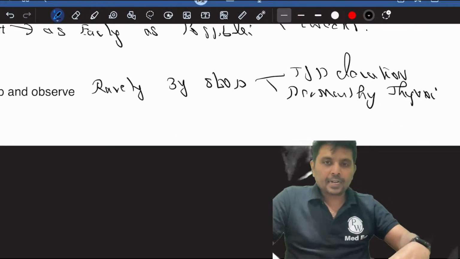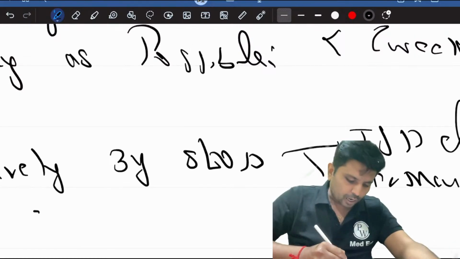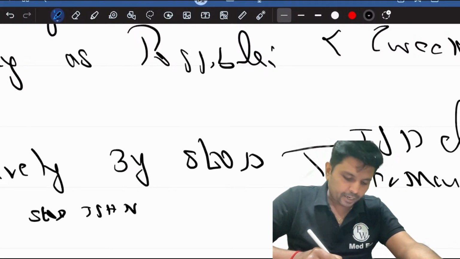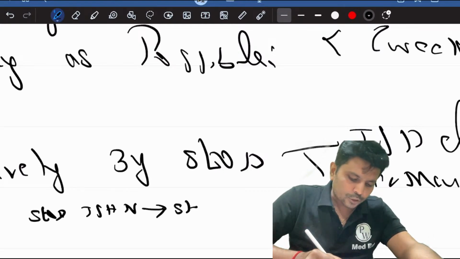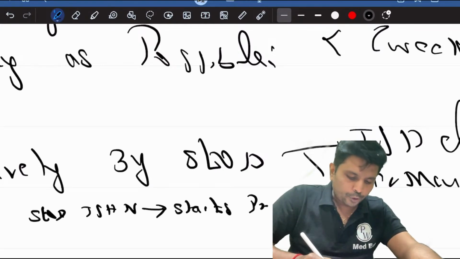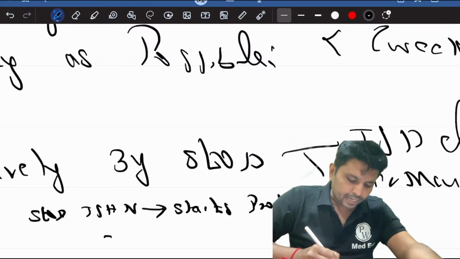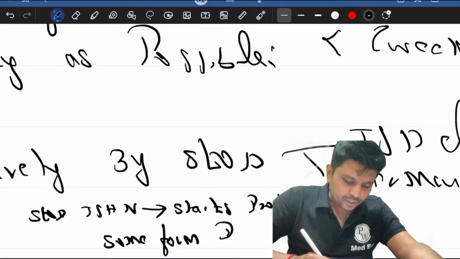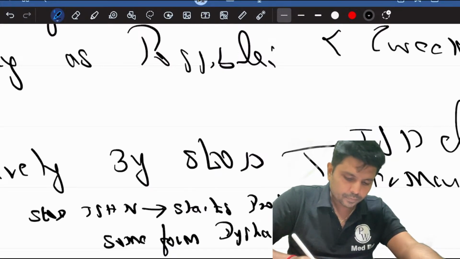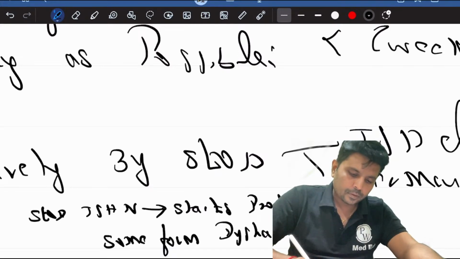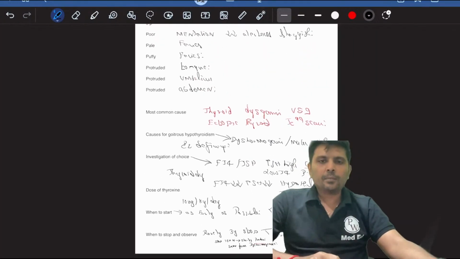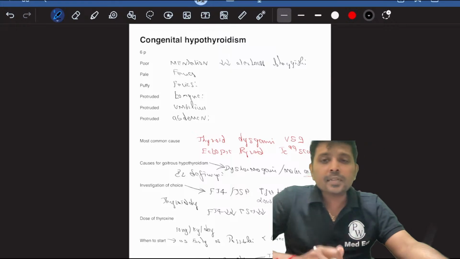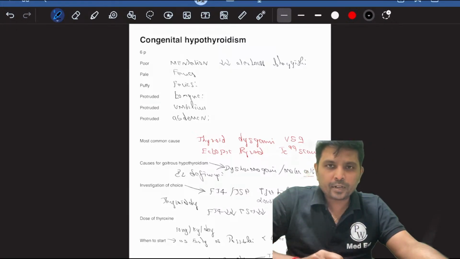But if at 3 years, when you stop and TSH is normal despite stopping, it means the child starts to produce on its own. Usually it occurs in some forms of dyshormonogenesis. Right, this is all about congenital hypothyroidism.